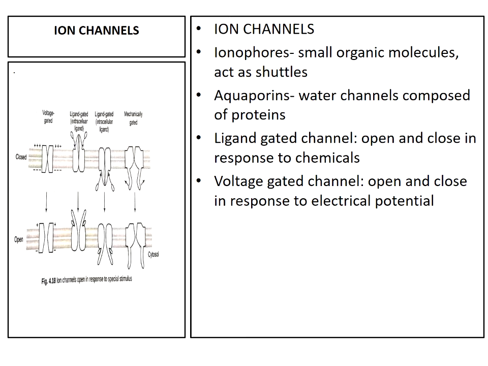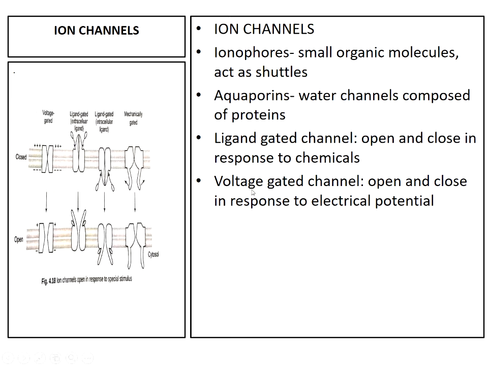Next, ligand gated channels and also voltage gated channels. These ligand gated channels open and close in response to the binding of specific chemicals. You may observe in the ligand gated channel there will be the binding of certain chemicals, and by this the channel may open or close.